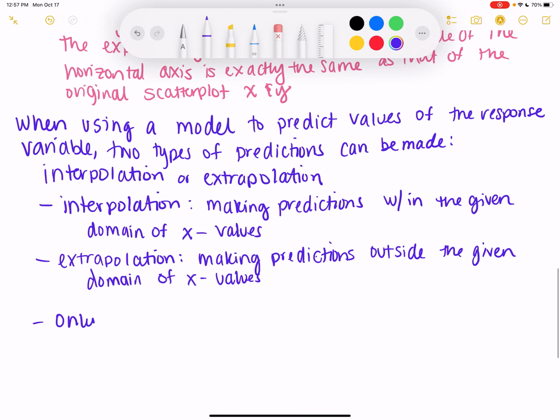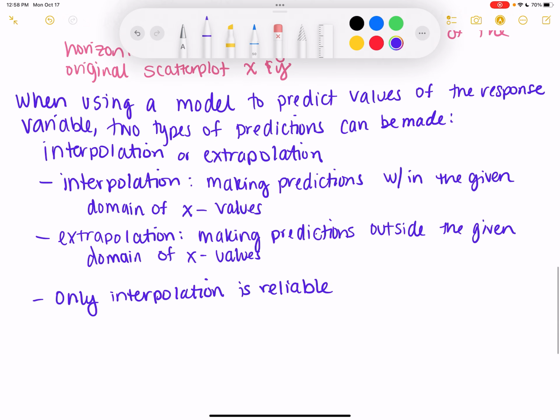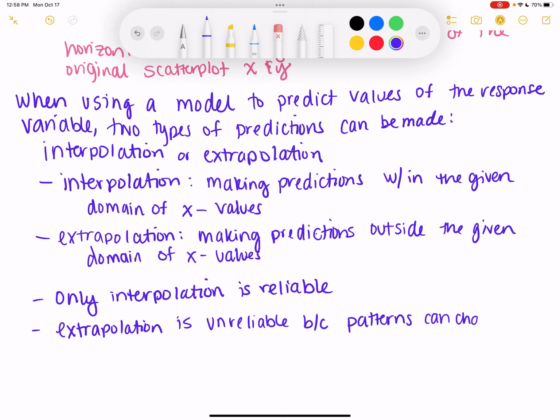Only interpolation is reliable. So extrapolation is unreliable because patterns can change abruptly.